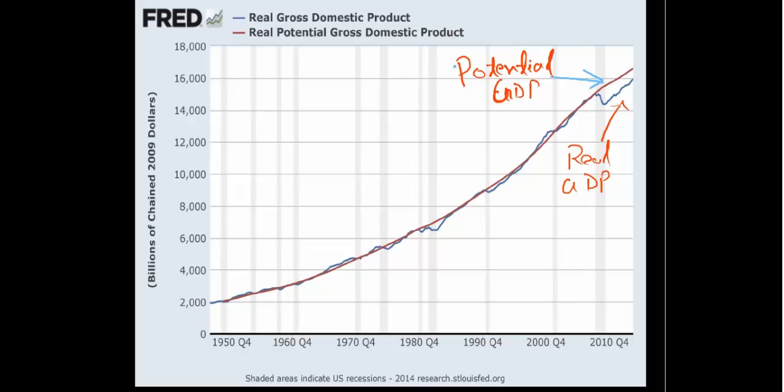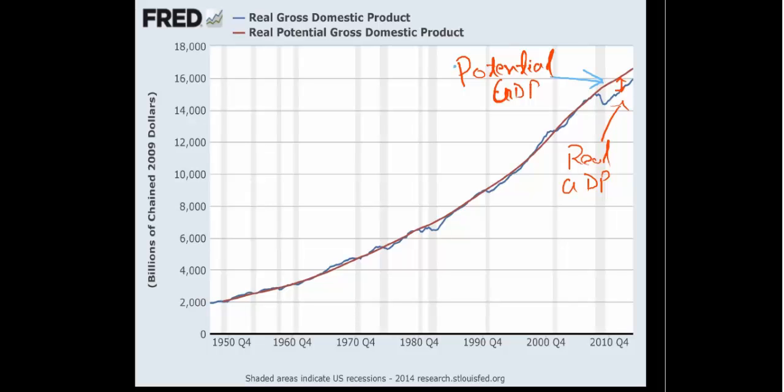Potential GDP talks about how much our economy should be producing ideally, and real GDP is what we have actually achieved. In the years since the recession, we can see a huge gap between potential GDP and actual real GDP.